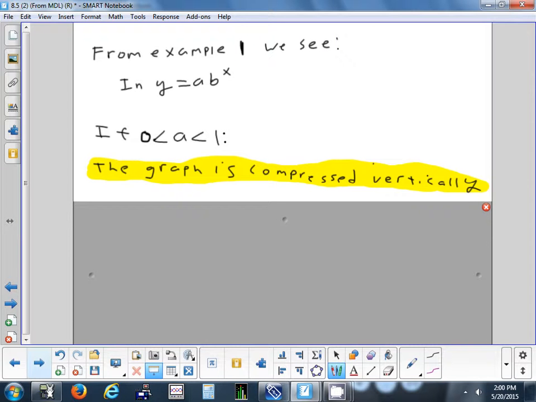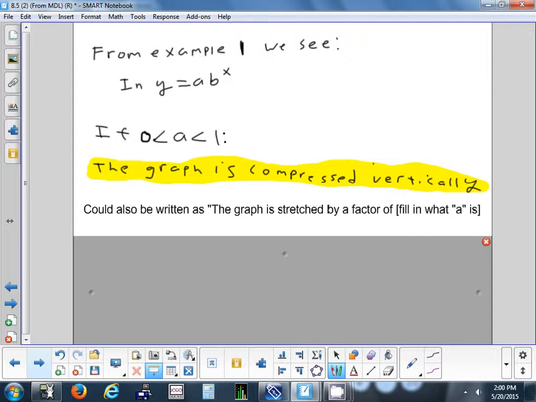There's two ways you can say it. You could say the graph is compressed, or, I think the second way is going to be easier for most of you to remember. You can still say the graph is stretched, but it's going to be stretched by a fraction. And when you stretch something by a fraction, it makes it smaller, just like when you multiply a number by a fraction, it makes it smaller.